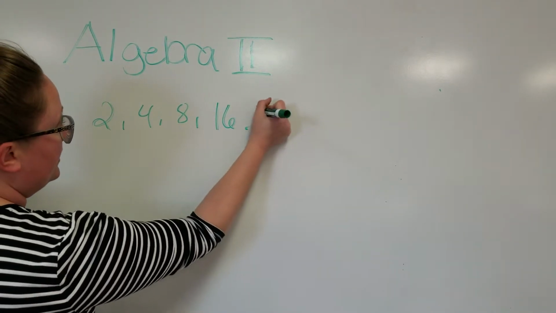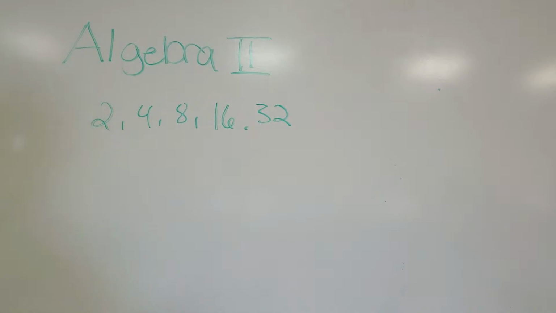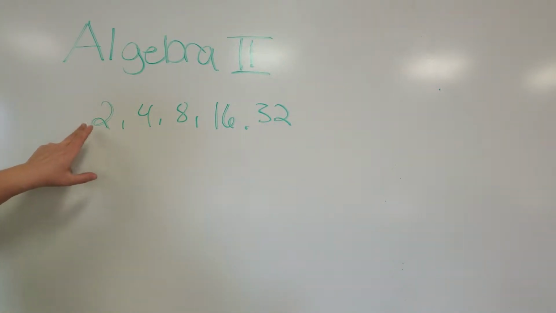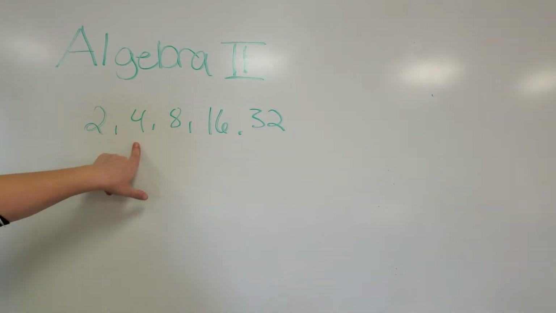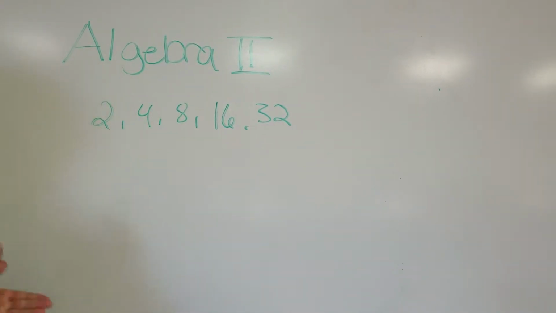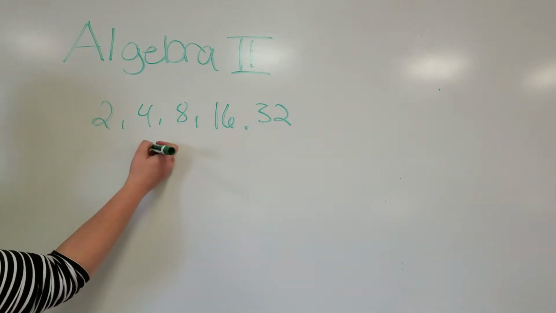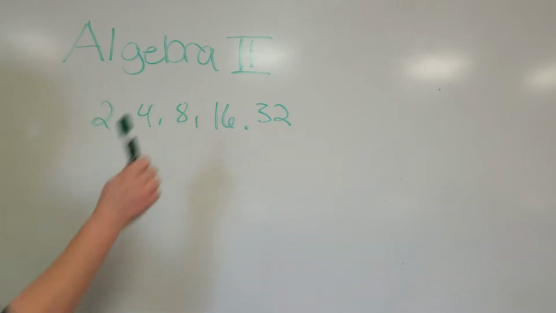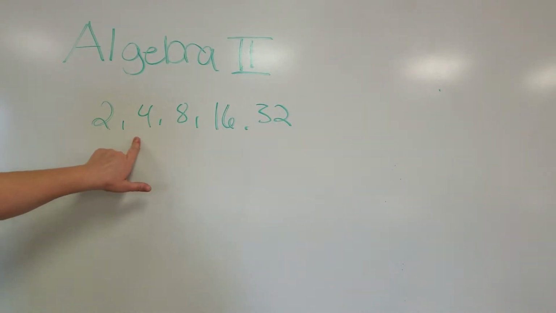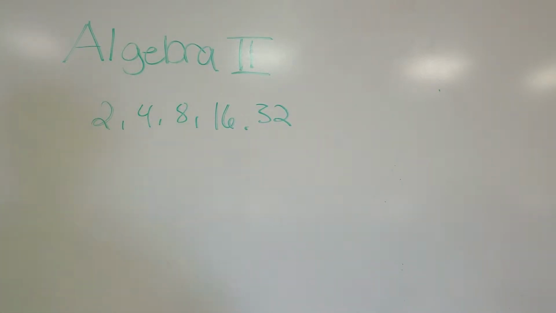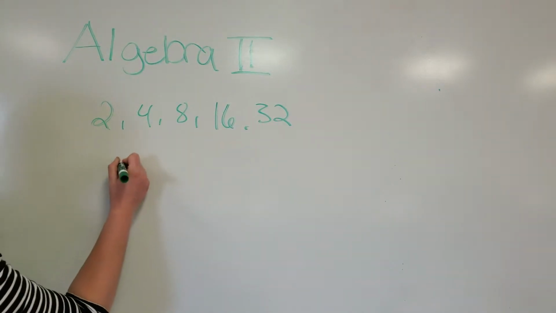This isn't multiplying by 2 every time, because n always starts at 1, so 2 times 1 is 2, 2 times 2 is 4, 2 times 3 should be 6. That's not what's happening here. But I know that 2 to the power of 1 is 2, 2 to the power of 2 is 4, 2 to the power of 3 is 8. So 2 is here, and then it's to the power of n.